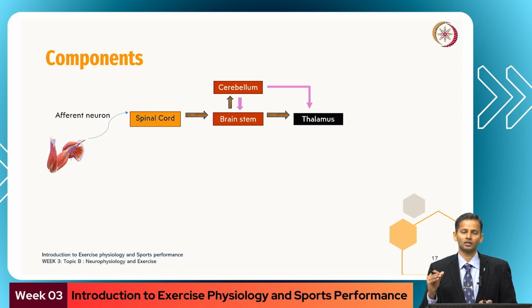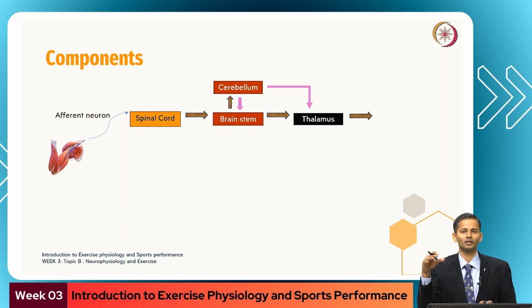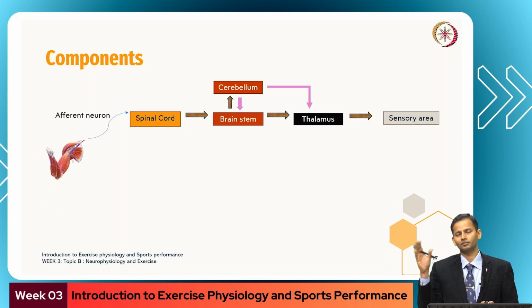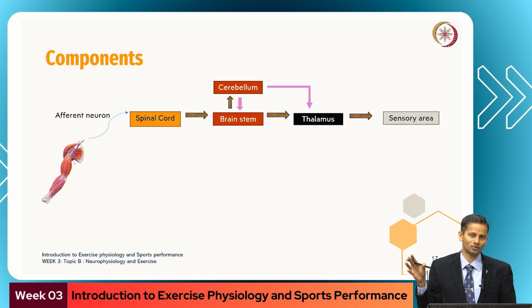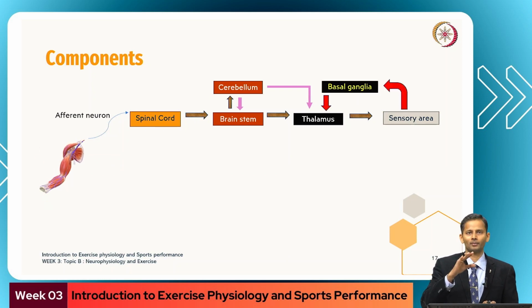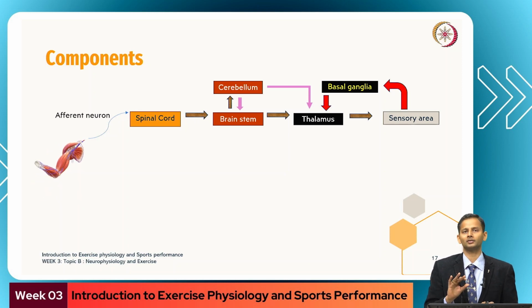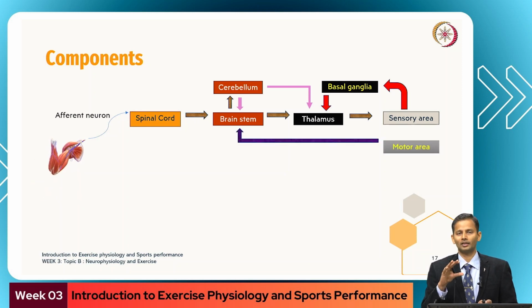The cerebellum also provides input to the brainstem as well as to the thalamus to incorporate the response on the posture and movement. From the thalamus further it enters into the sensory area, that is the cerebral hemisphere cortex, and part is also reflected back to basal ganglia, where again posture and movement are taken into consideration, and feedback is given to the thalamus.